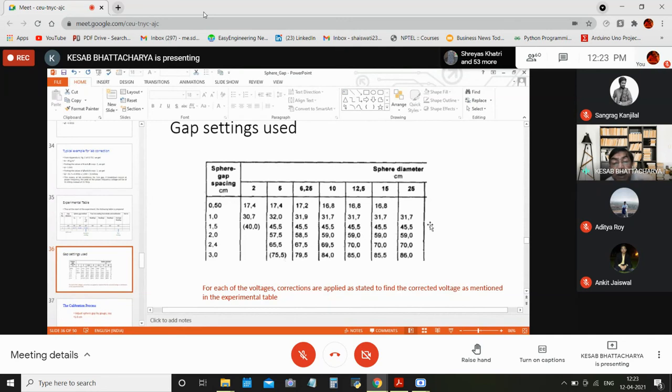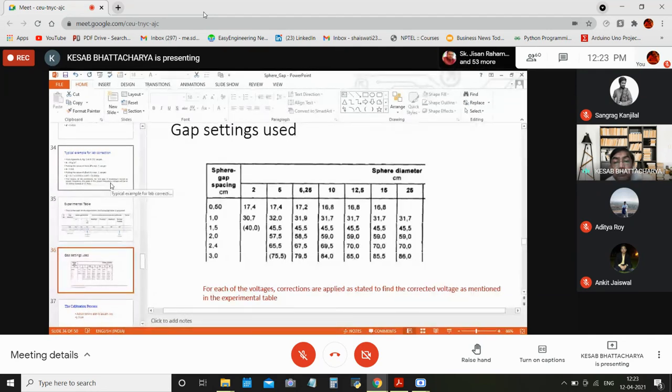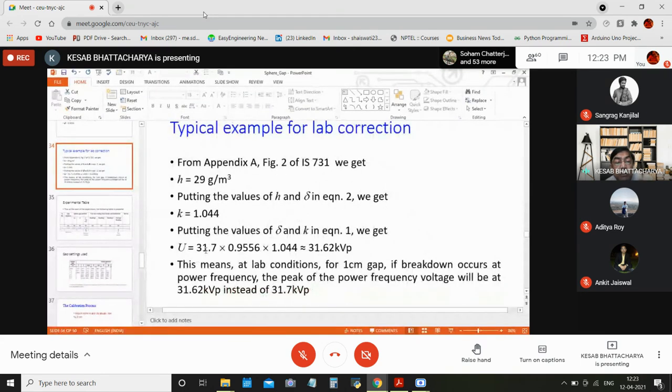Therefore, this value when corrected to current atmospheric condition will become 31.7 into 0.9556 into 1.044, that is 31.62 kV peak.